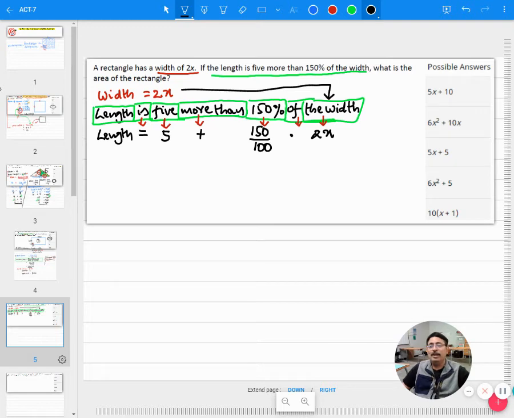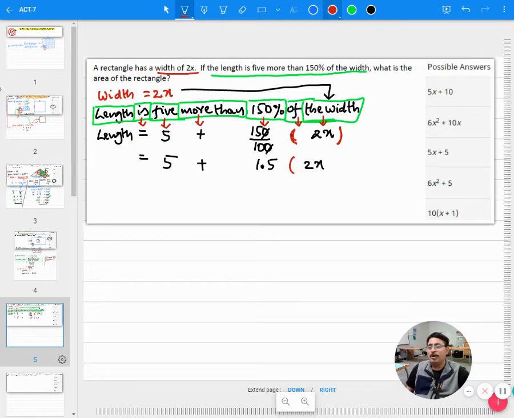Now, let us simplify this one. 5 plus 150 over 100 times 2x.